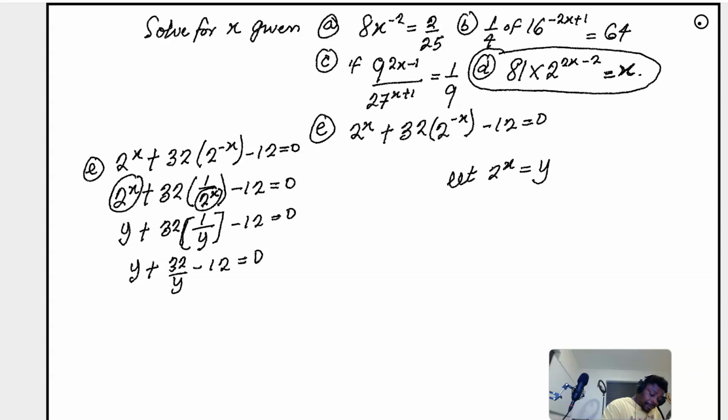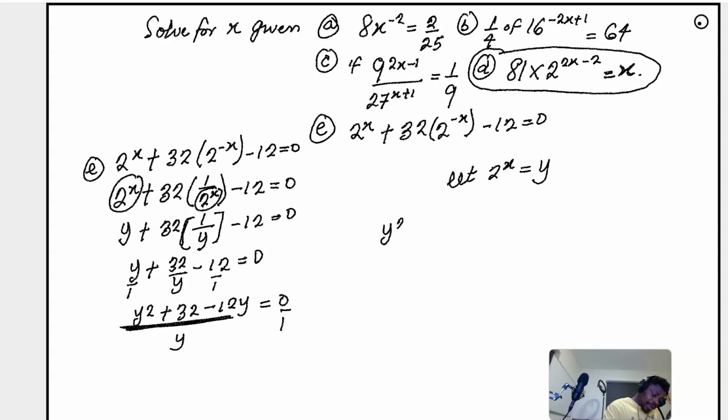Okay? So this is something as over 1, is something as over 1. So here I have LCM is y, right? So this is y squared plus 32 minus 12y is equals to 0. Okay? So if that is the case, remember this is over 1, I can cross multiply.